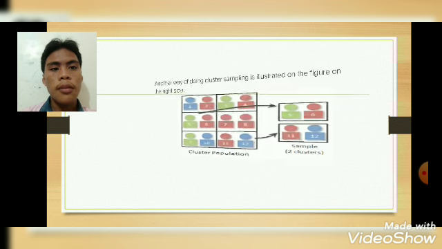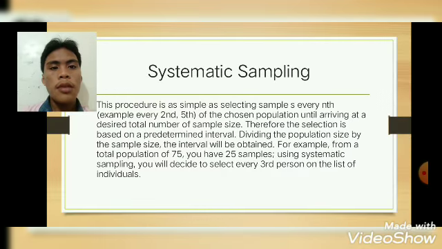Next, systematic sampling. This procedure is as simple as selecting samples, for example, every second or fifth of the chosen population, until arriving at a desired total sample size. Therefore, the selection is based on a predetermined interval.